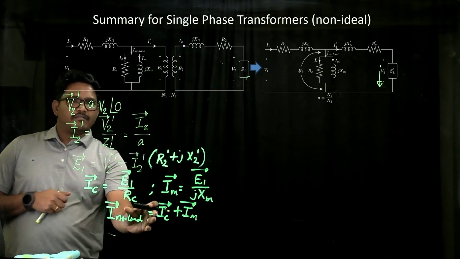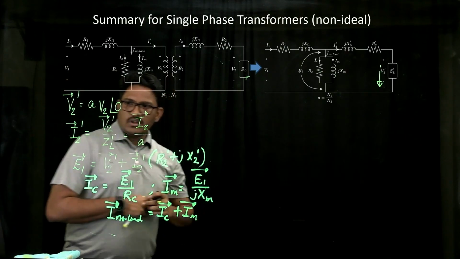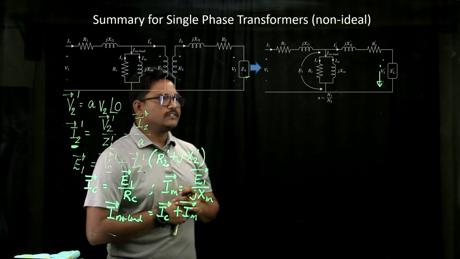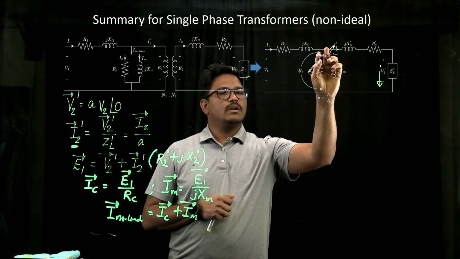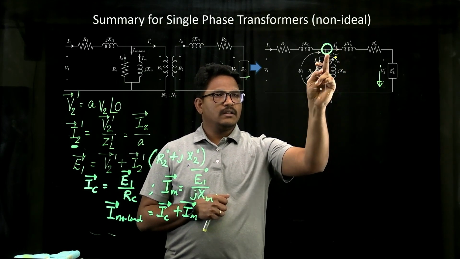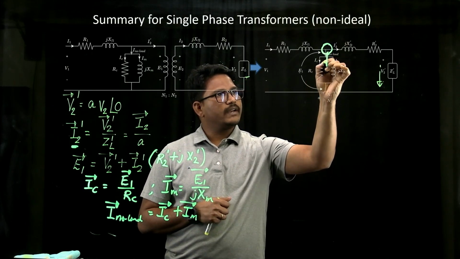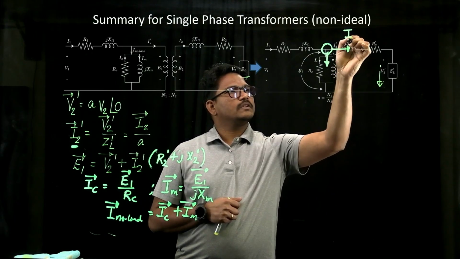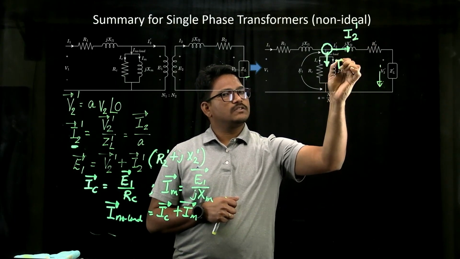Now after knowing the value of I no load, we also know the value of I2 dash. Now you see at this particular node, the I no load is going down and then I2 dash is going up. So this is your I2 dash, this is your I no load.